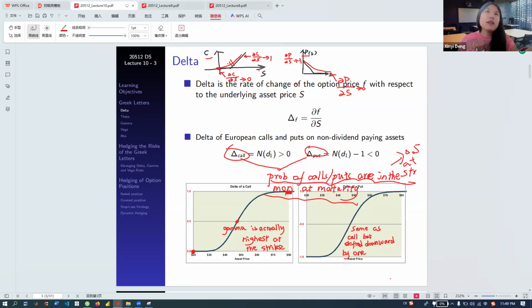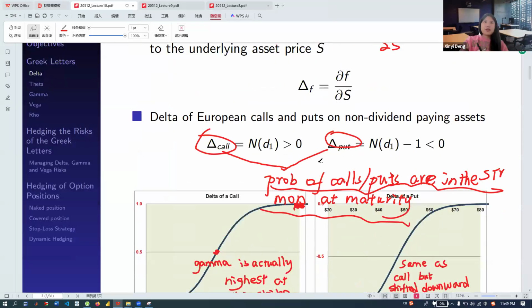Let me write it more clearly. 0.5 at strike.